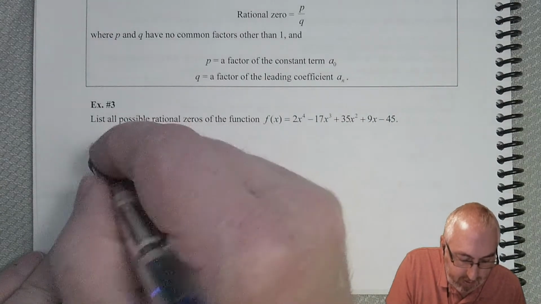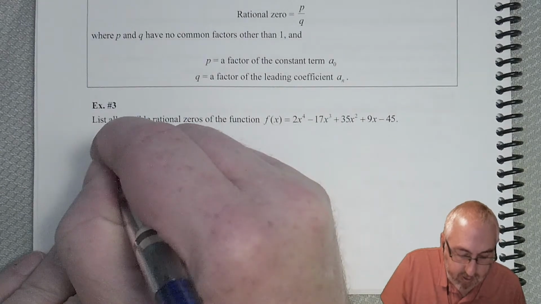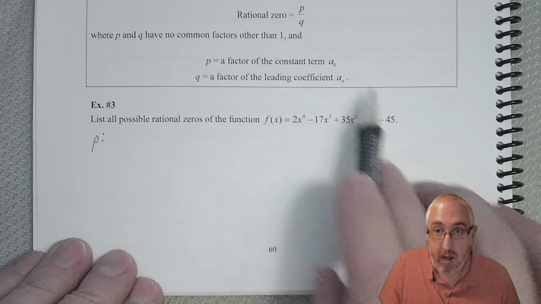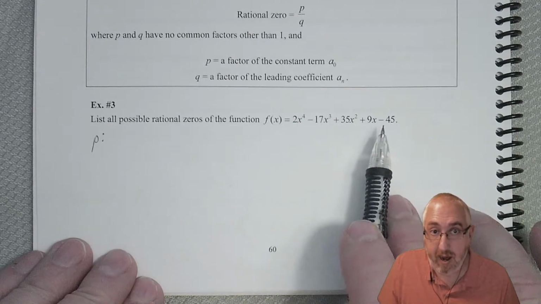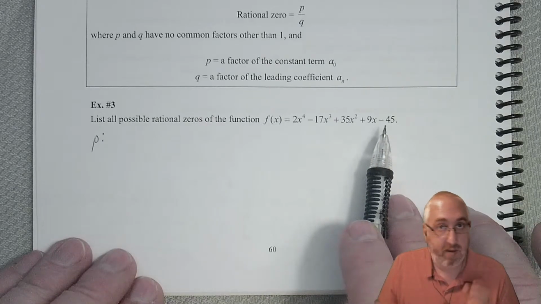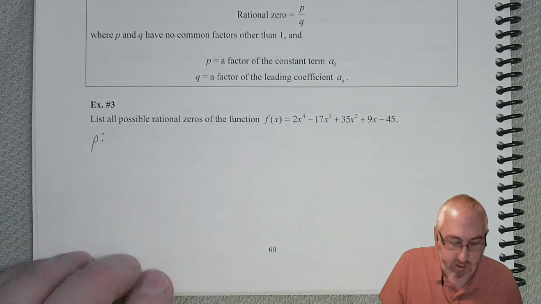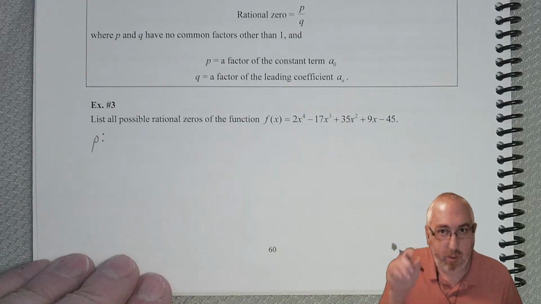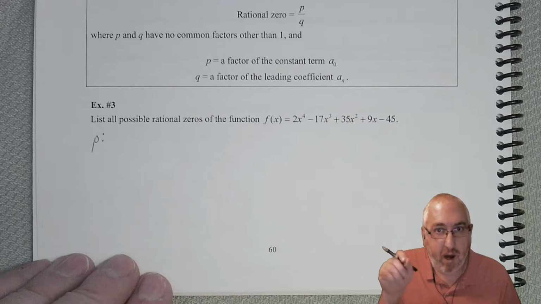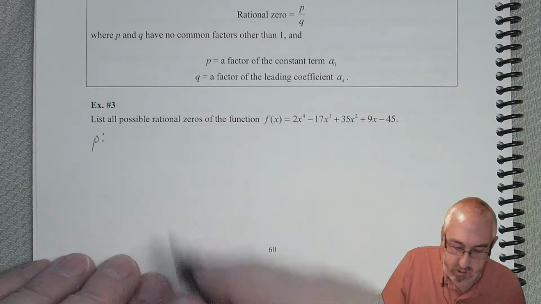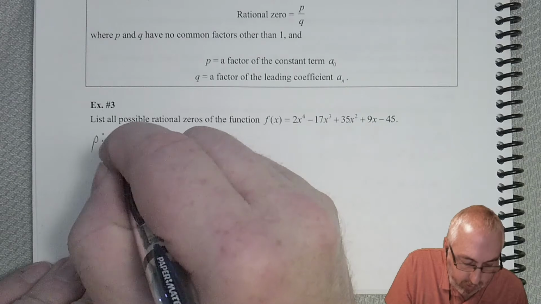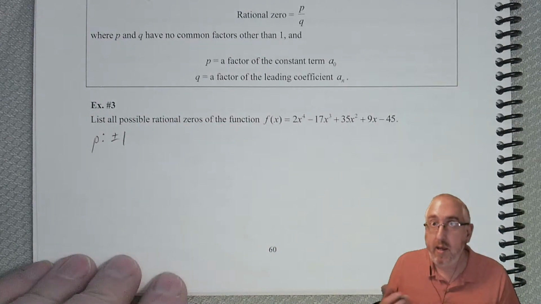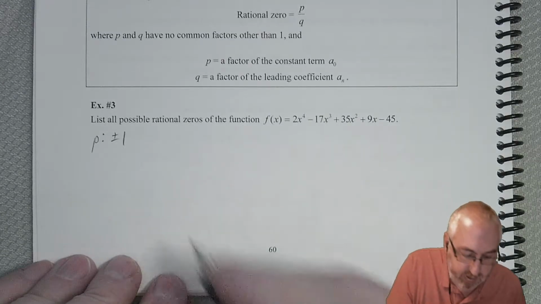So remember, p is a factor of the constant term, a sub 0. Our constant in this case is 45, or negative 45, depending on how you want to look at it. The way we take care of the pluses and minuses is to put a plus or minus in front of all those possible factors. So for 45, we know that 1 goes into everything, so plus or minus 1 is one of those factors.